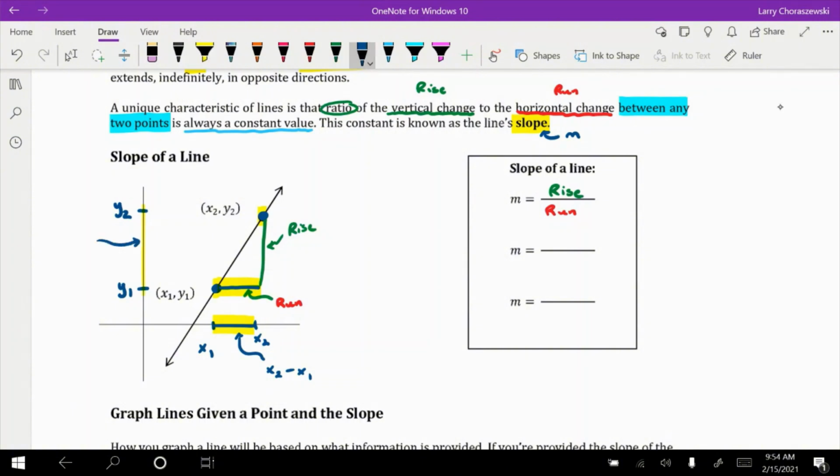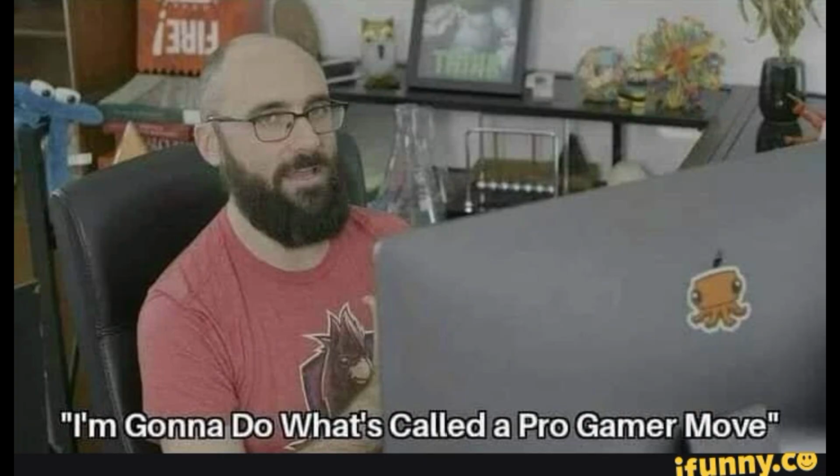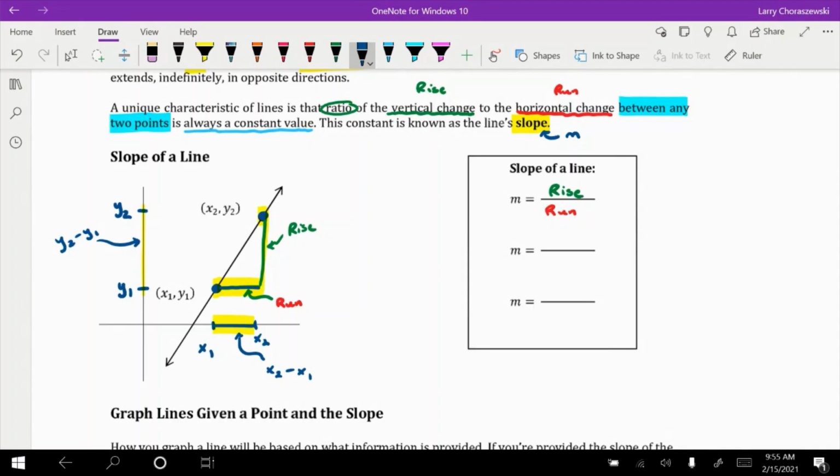You can subtract y2 minus y1 to figure out how long that gap is separating y1 and y2, and it would also match up with how long the rise is. And since slope is rise over run, I'm going to do what's called a pro gamer move. We can replace the word rise with an expression, and that would be y2 minus y1. And then the run can get replaced by x2 minus x1.